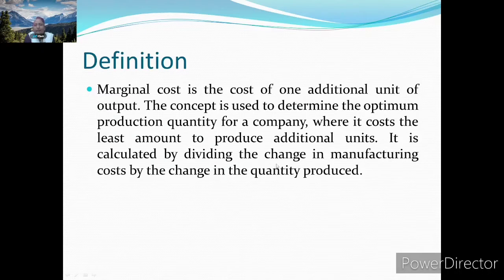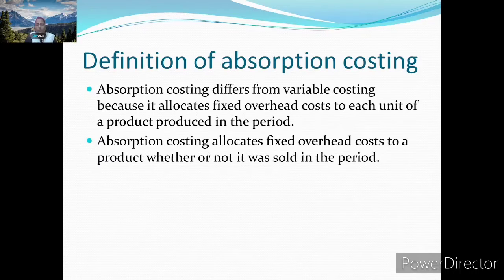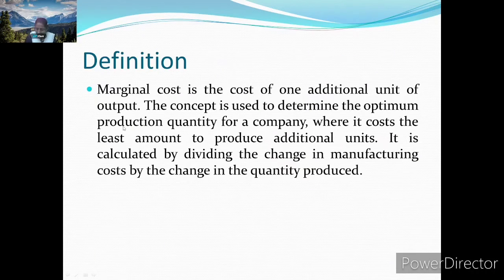By dividing the change in the manufacturing costs by the change in the quantity produced. This is one of the simplest definitions of marginal cost, where we can understand why marginal cost should be used. Now let us see the definition of absorption cost. Absorption costing differs from variable costing.